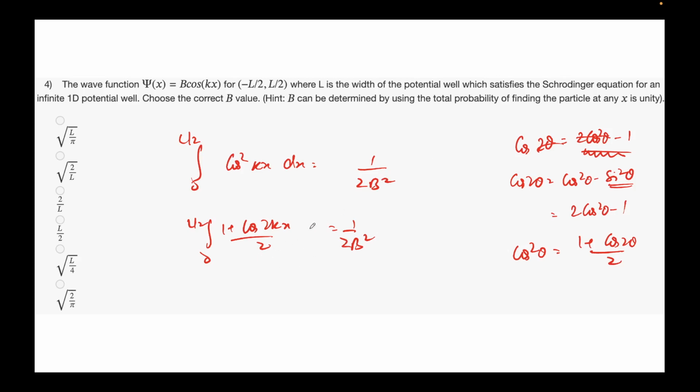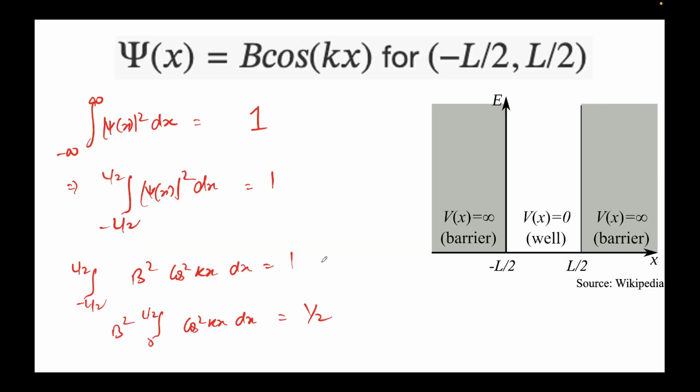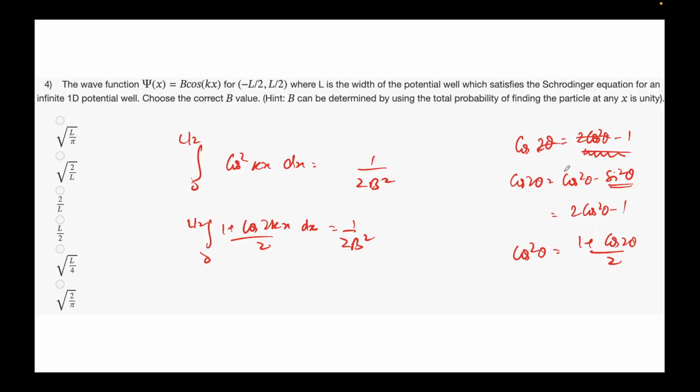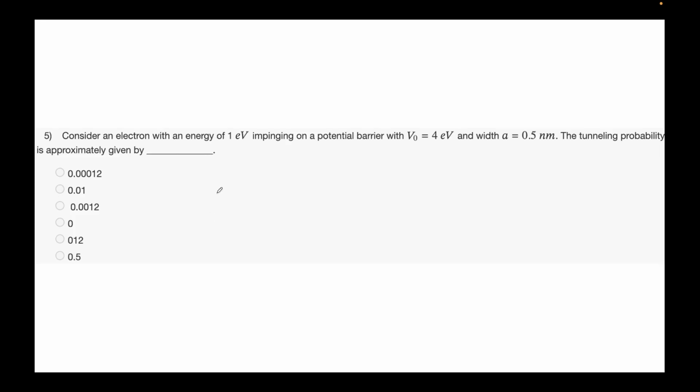There's a dx also here. The concept was that the probability of finding a particle over all space must be 1, because the particle must be either here or here or here, and we reduce it to minus L by 2 to L by 2 because the particle cannot be found outside; it can only be inside this box. All right, so you solve this and you can get the answer.